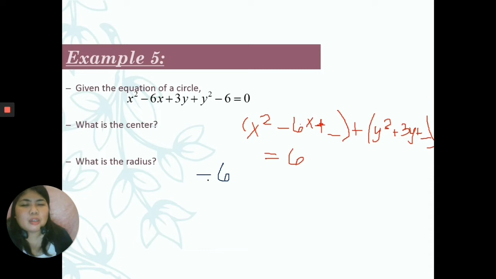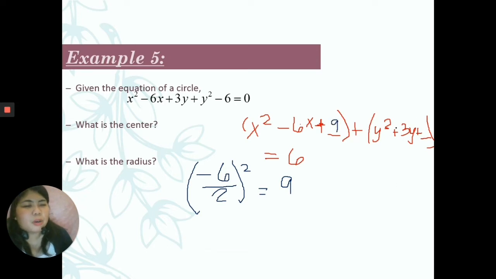To complete the square, get half of it and square it. So -3 squared is positive 9. So indicate positive 9 here.